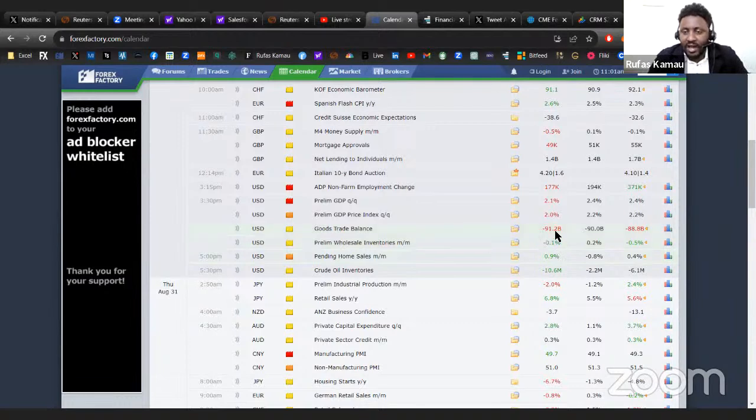The goods trade balance also worsened from negative 88.8 billion to negative 91.2. This was also consistent. And then we had the preliminary wholesale inventories. They were negative 0.5%, and the data came in at negative 0.1%. This is quite consistent because we expected an increase, but rather we got a decrease.